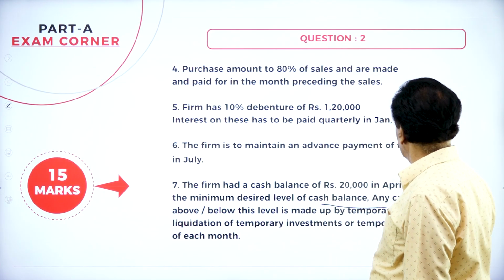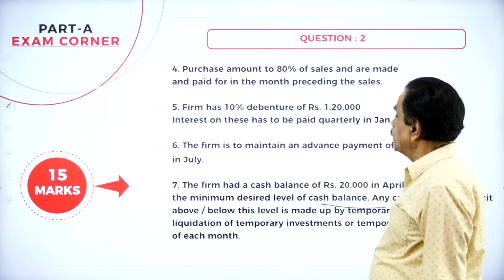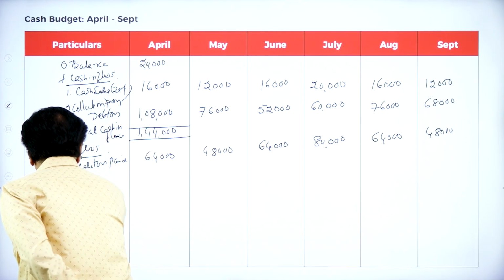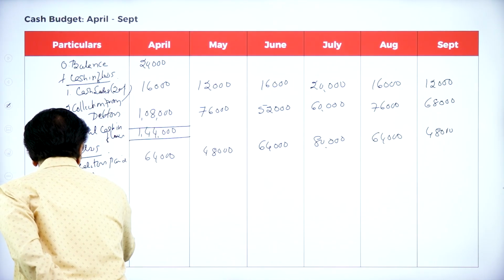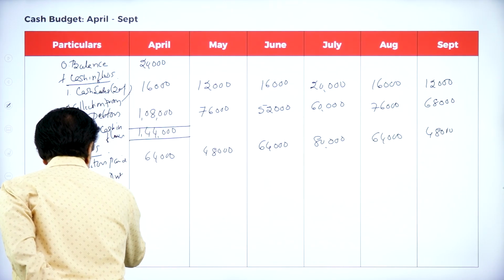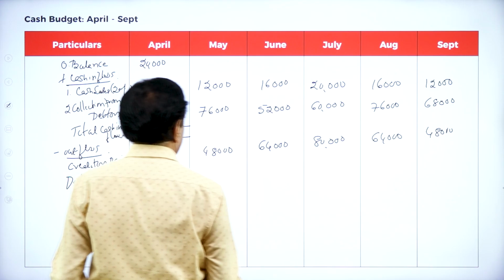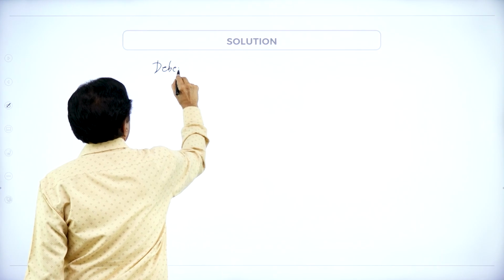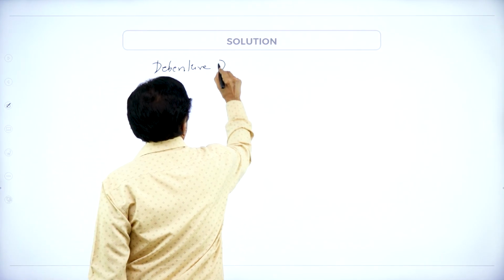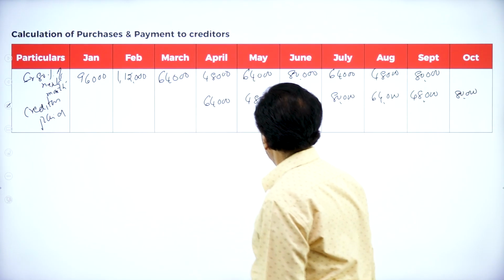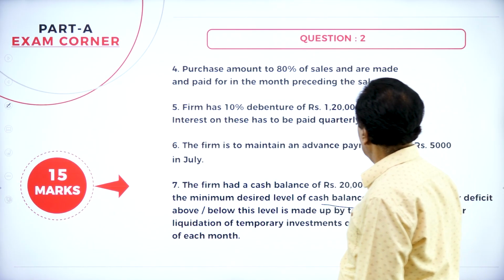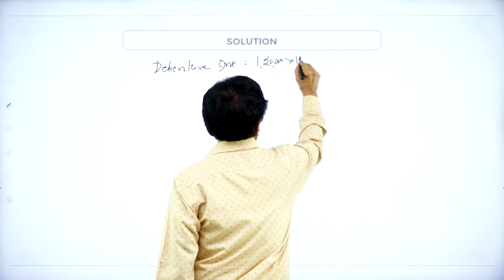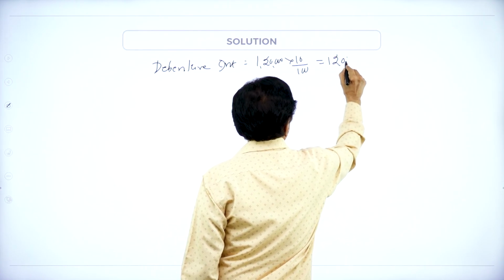Then the firm has to pay advance tax in July. The firm has a debenture of 1,20,000. Debenture interest paid. What's the debenture value? 1,20,000 into 10 by 100 is 12,000.